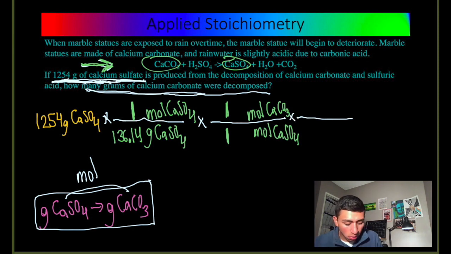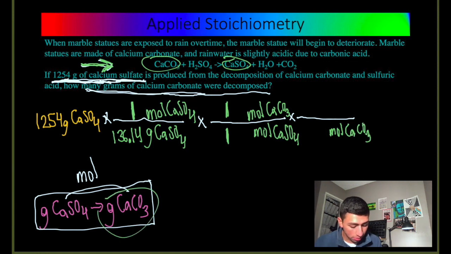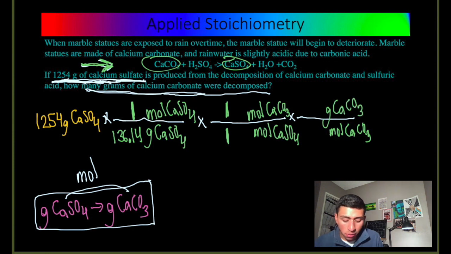Now that we have moles of calcium carbonate, we can convert from moles of calcium carbonate. And remember, we're going all the way to grams of calcium carbonate. We're not stopping at moles of calcium carbonate. So we're going from moles of calcium carbonate to grams of calcium carbonate. For every 1 mole of calcium carbonate, you have 100.09 grams of calcium carbonate.